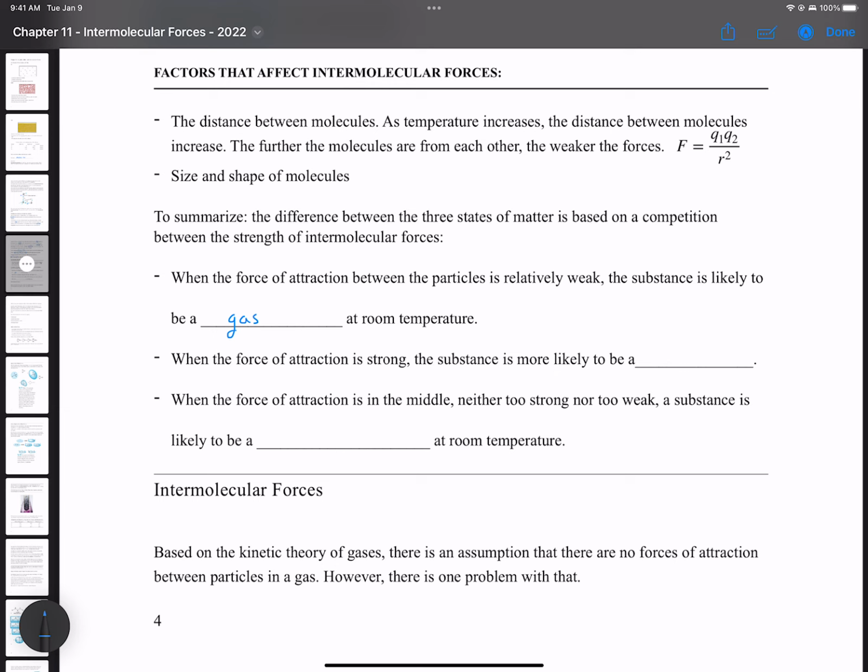Okay? When the force of attraction is strong, the substance is more likely to be a solid. And then lastly, when the force of attraction is just right, not too strong or too weak, we say it's likely to be a liquid.